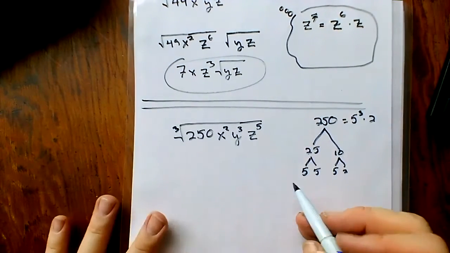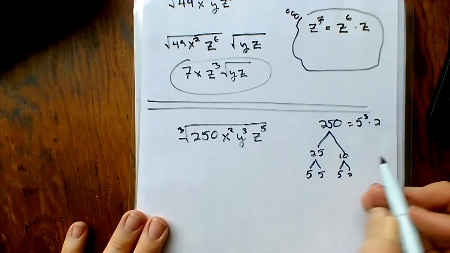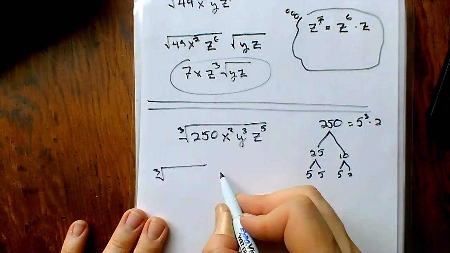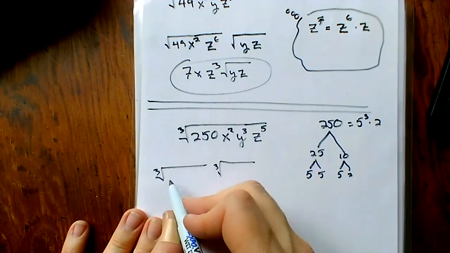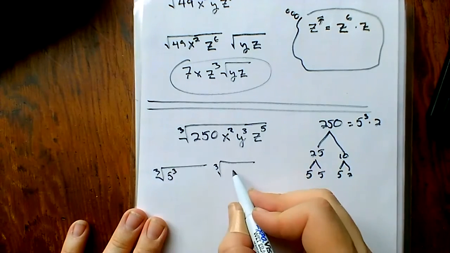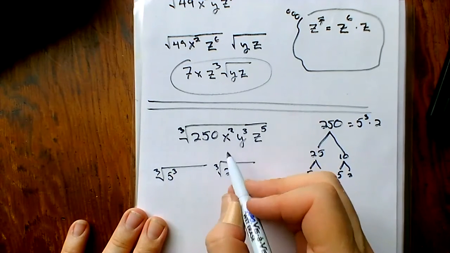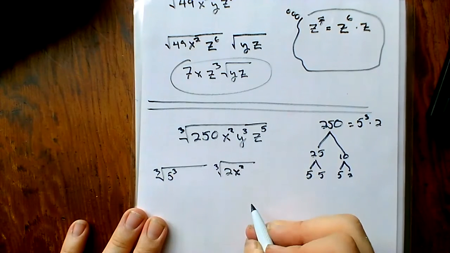X squared, this is a smaller power than my index. So let's look at my perfect powers and my leftovers. My perfect power, I've got that 5 cubed. My remaining factor is going to be 2. X squared, that's a smaller power than my index, so that's going to be in this one.